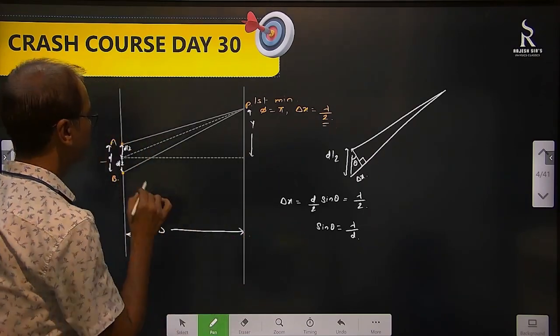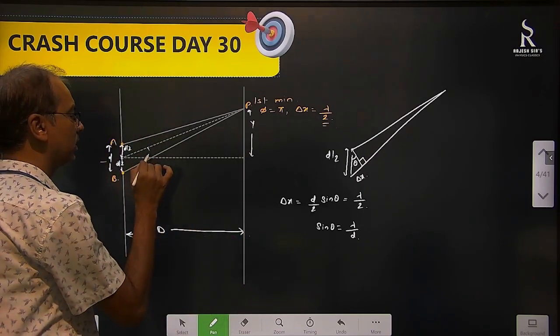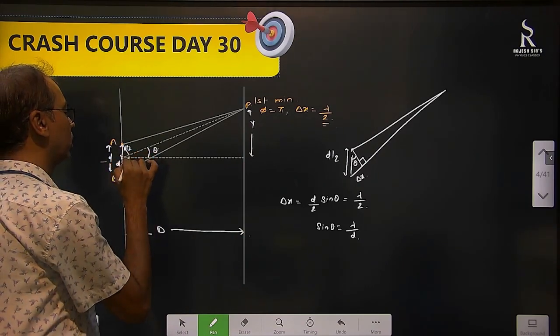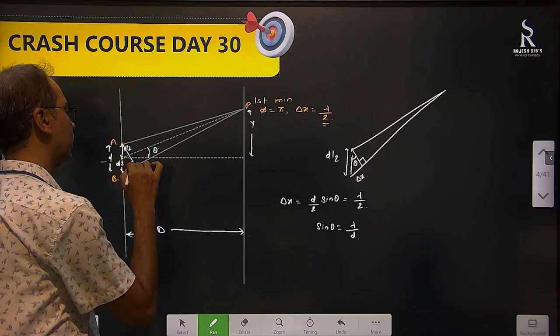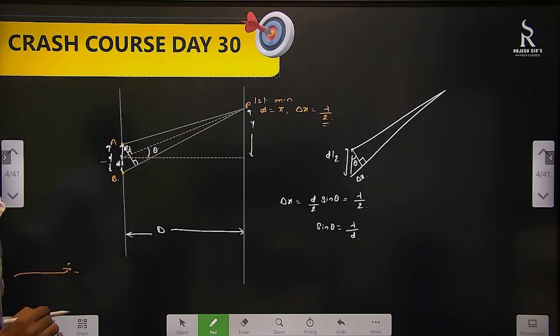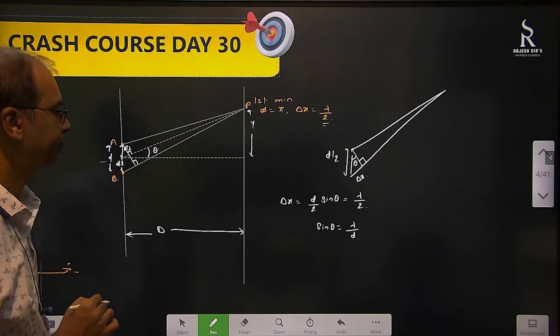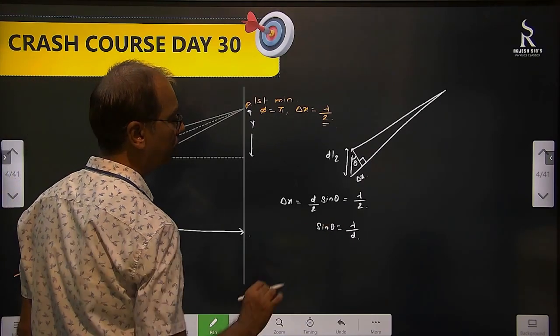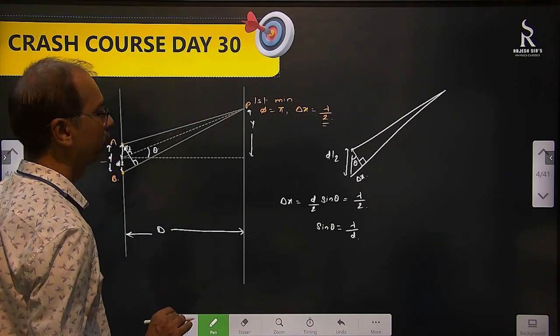Here we got theta. Okay, so what is theta? This is theta basically. And if you want, drop a perpendicular here. This is perpendicular, this is perpendicular. Okay. Then sine theta equal to lambda by d. That is also fine.